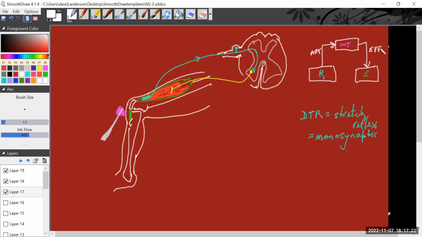Can we map those same 5 segments on our real life drawing here? So for example, where would we put our receptor? Is it the tendon? The tendon here where the pen mark is?